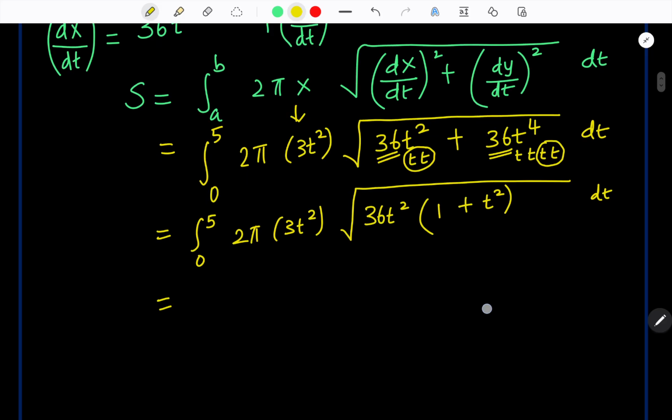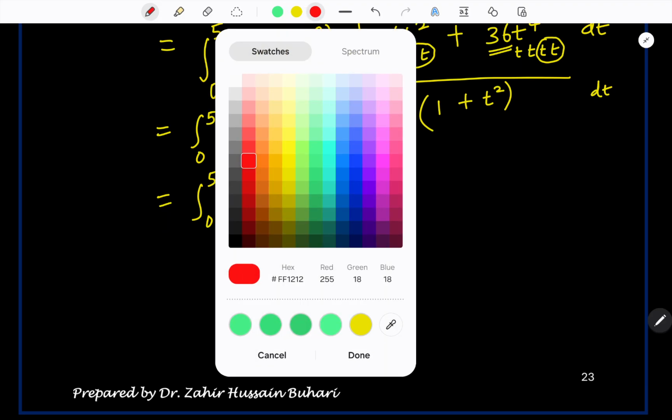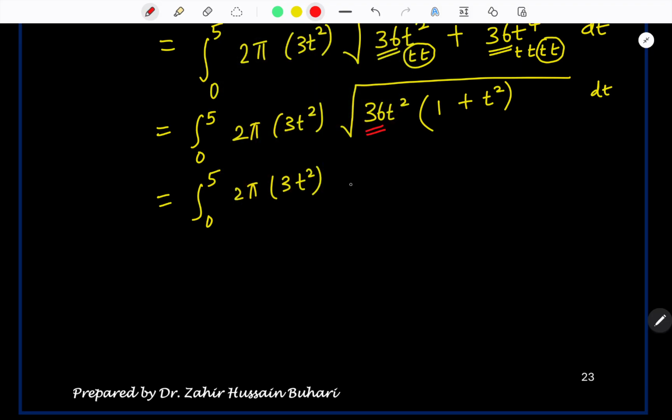So the integral from 0 to 5, 2 pi multiplied by 3t square. I'm not using x, so I'm using this one. Square root of this one. Now the square root of 36 is 6, which comes out. The square root of t square is t, which comes out. The remaining is the square root of 1 plus t square, into dt, right?